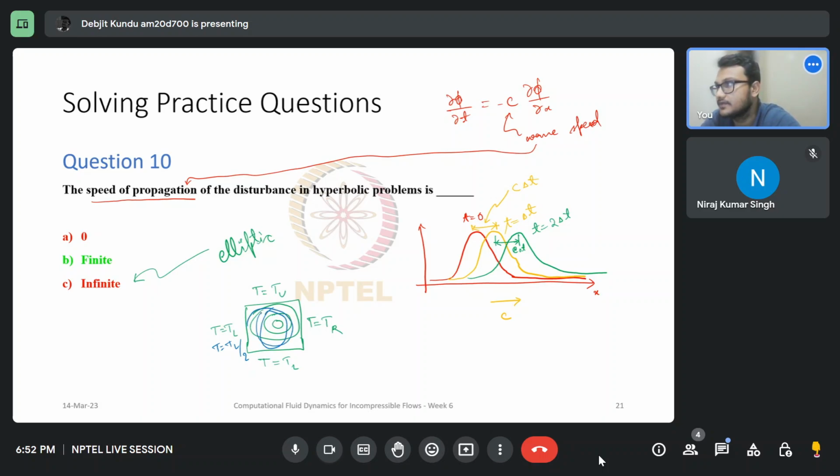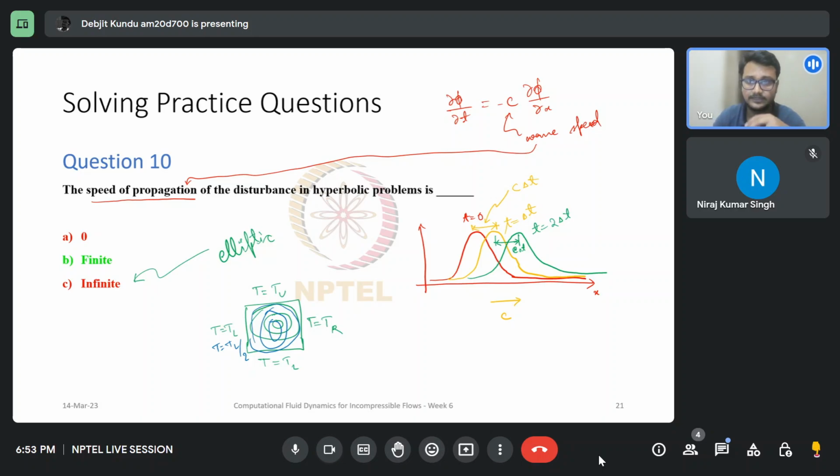I'm sorry. Some different contours like this, and that change would be instantaneous. So it won't take any time at all. As soon as I change the temperature at the left wall, the temperature within the entire domain changes instantly.